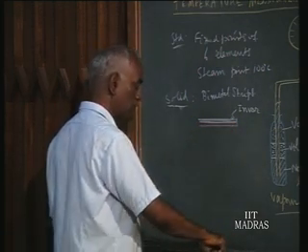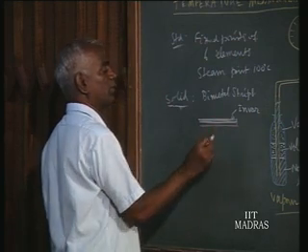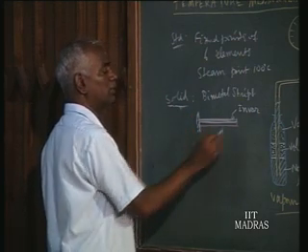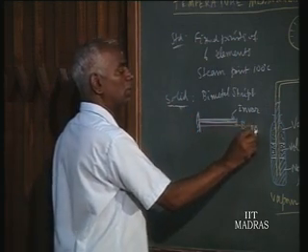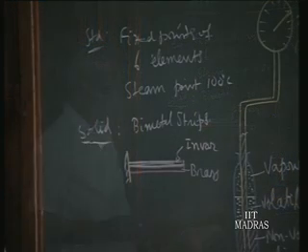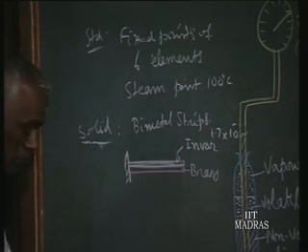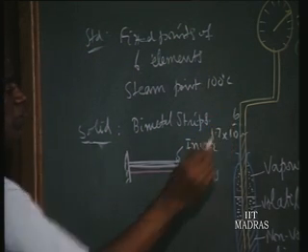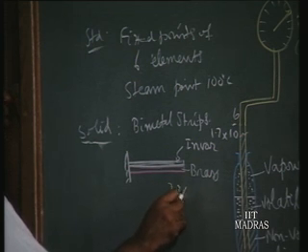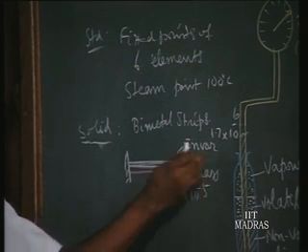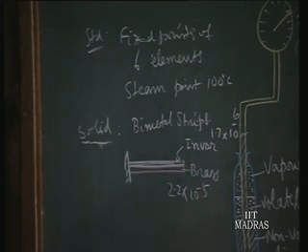Both of them are fixed together, and then fixed at one end. Invar is a nickel steel alloy having a temperature coefficient of 1.7 into 10 to the power of minus 6, whereas brass has got 2.2 into 10 to the power of minus 5. You find brass has about 10 times the expansion coefficient of invar.